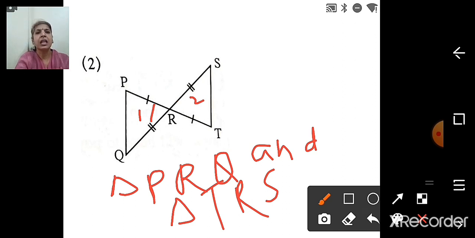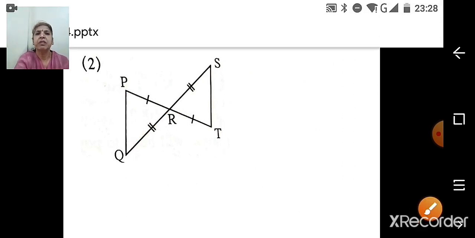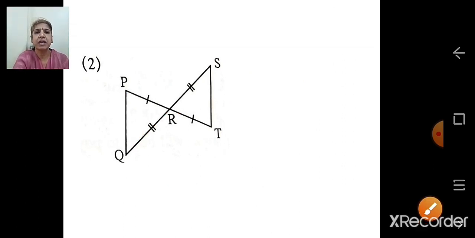Angle PRQ is congruent to angle TRS. So now you observe properly which test is formed. It is side angle side. So before the solution, you understand what is given and which test we got.